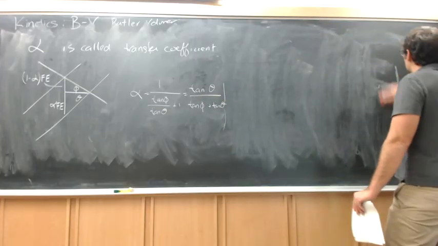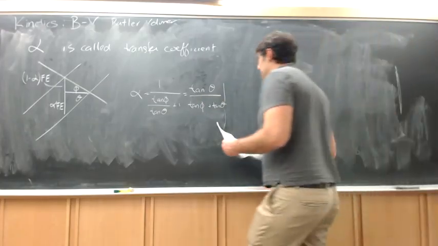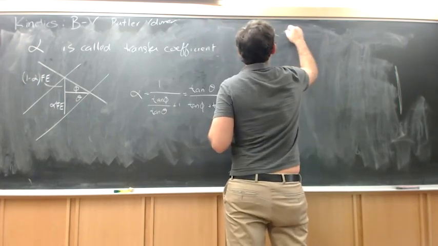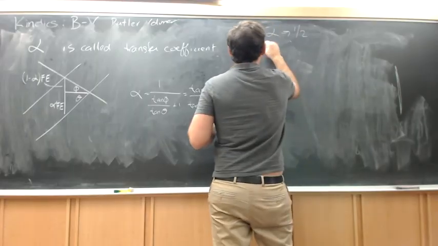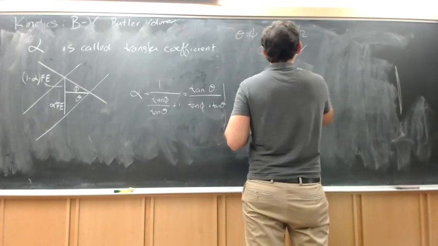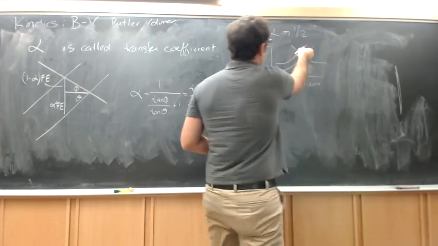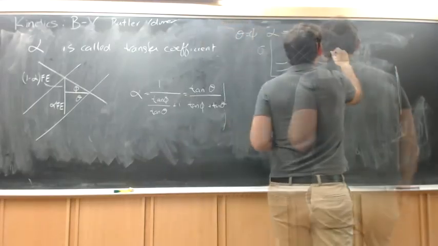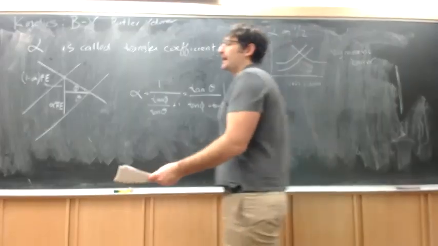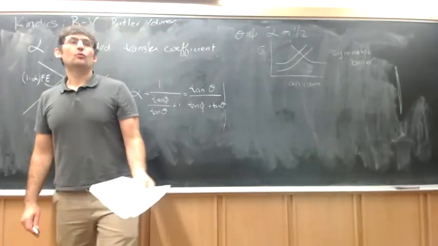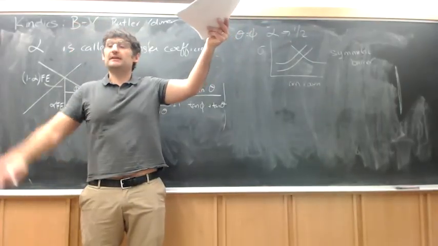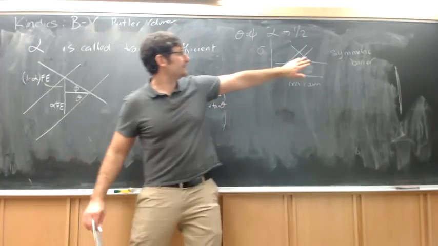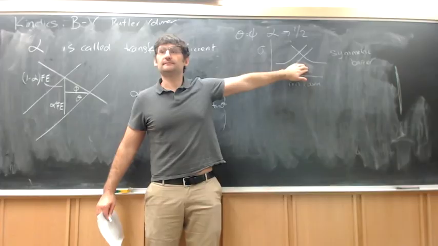So usually people just assume that, and that's basically a symmetric barrier. So theta equals phi, alpha goes to 1/2, and if I plot this, the crossing is symmetric. So the barrier is symmetric. When you change the electropotential, one barrier gets larger by the exact same amount the other barrier gets smaller.